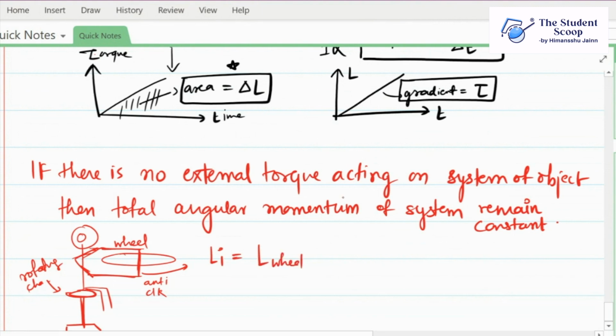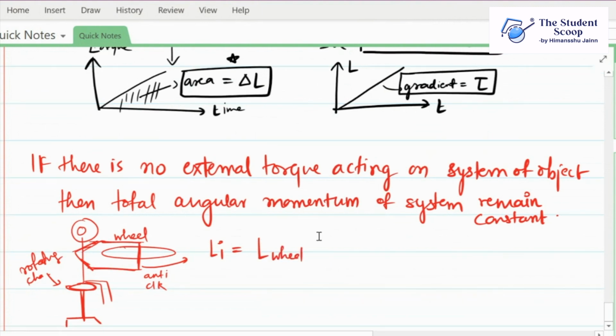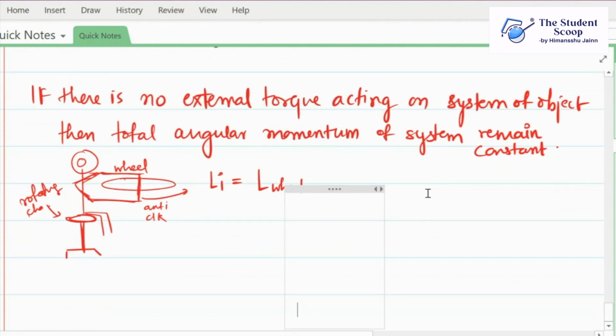Now, if the person twists the wheel, what will happen to the person holding the wheel and the turntable? See this. What is the person doing now?